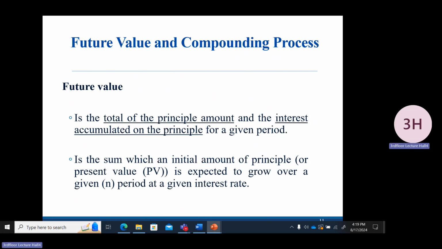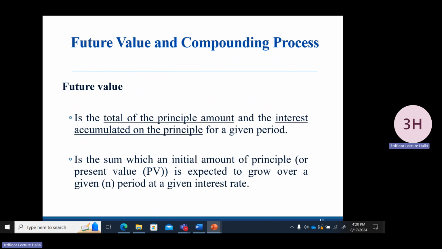Now the bank calculates interest not only on the 1,000, but also on the year 1 interest. It is not simple interest. In finance, we calculate the compounded value, because reinvestment is there.